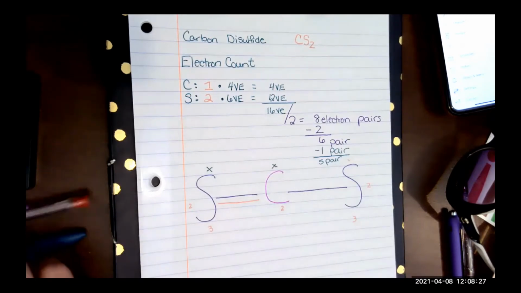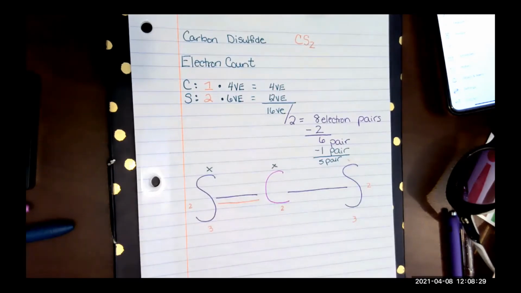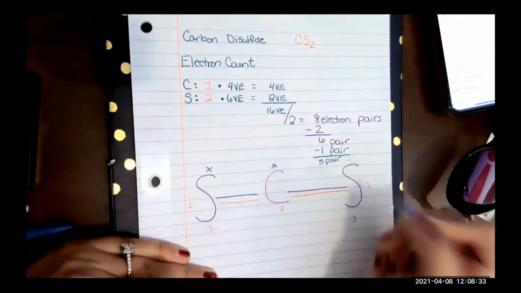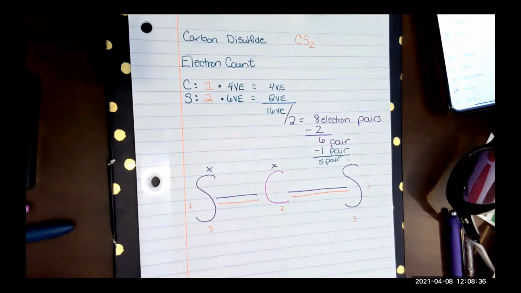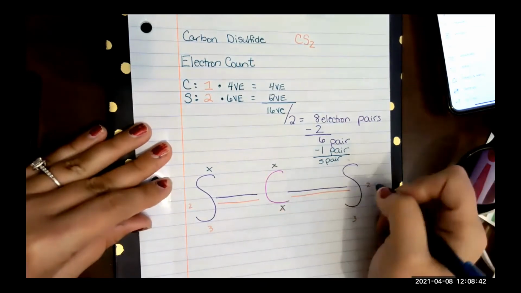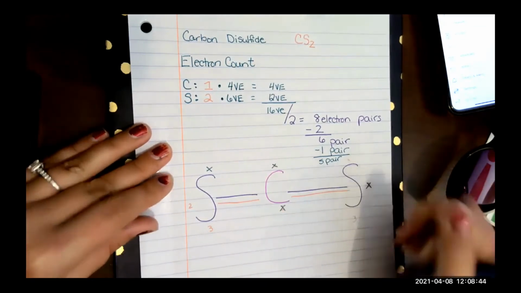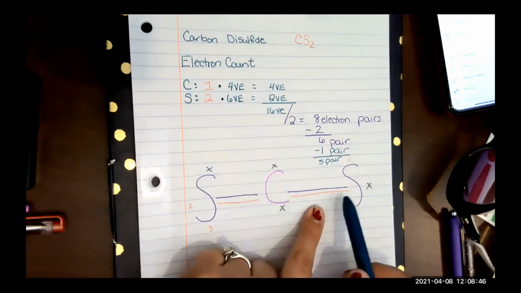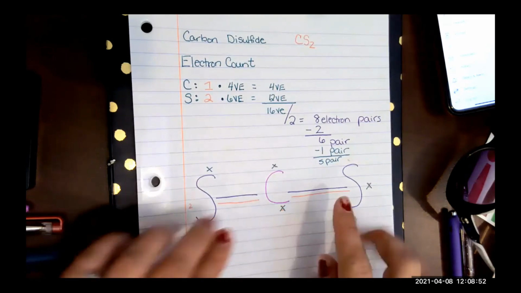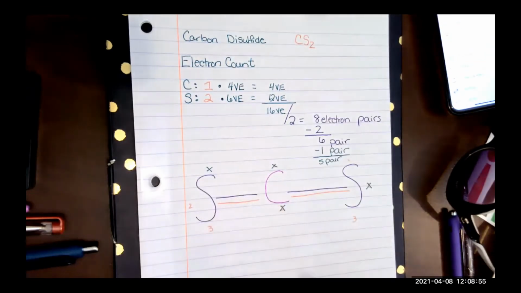So we add in another line, another bonded pair. That will take the place of this 2, because one line takes the place of both this one and this one, because it's shared between both. So now carbon's happy. We use another pair.